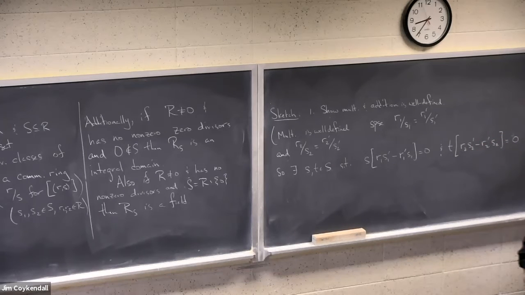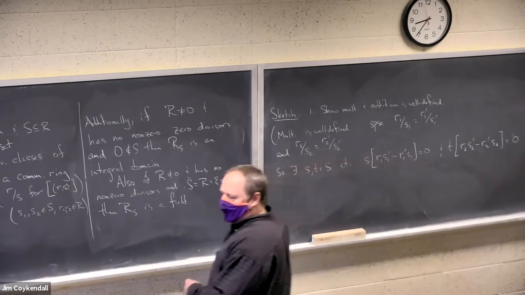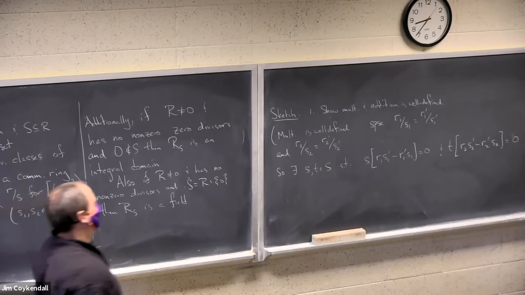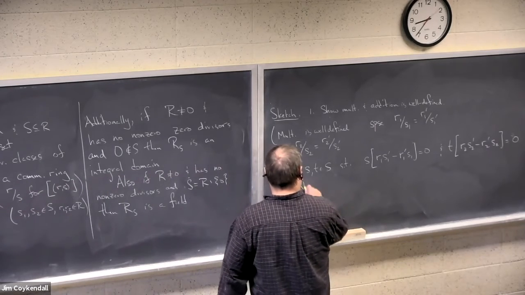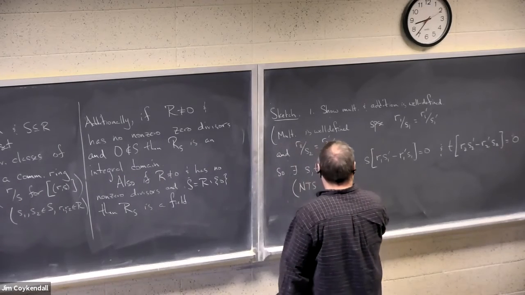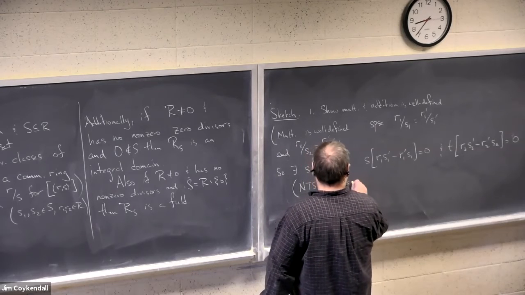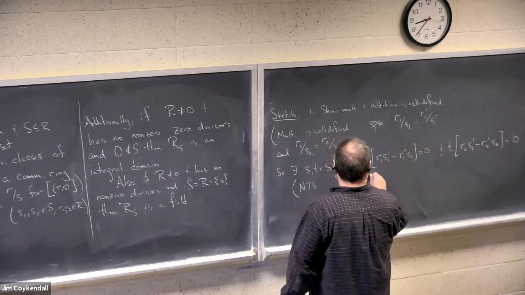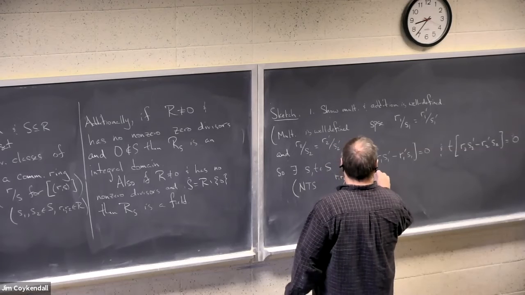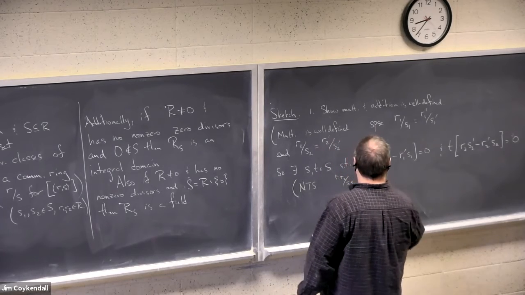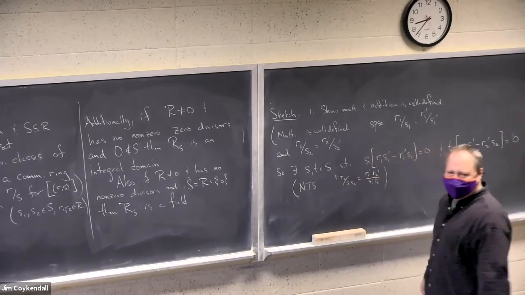Now our burden is to show that r1 r2 over s1 s2 is equal to r1 prime r2 prime over s1 prime s2 prime. Agree?